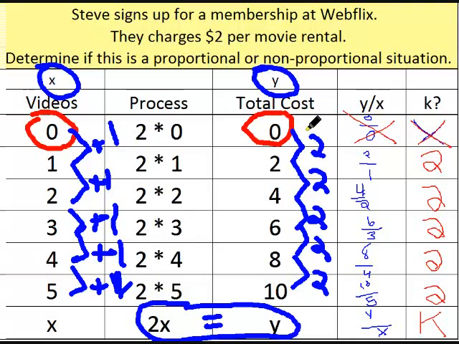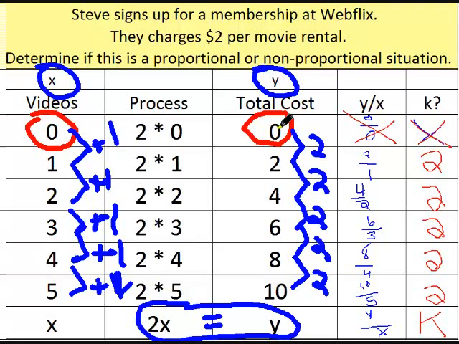This one constantly increases by the same amount every time. It increases by 2 every time. If you can find and recognize those couple of things in your table, that'll save you from having to do all this fraction stuff over here. X and Y, 0 and 0, constant rate, constant rate. That means it's a proportion.